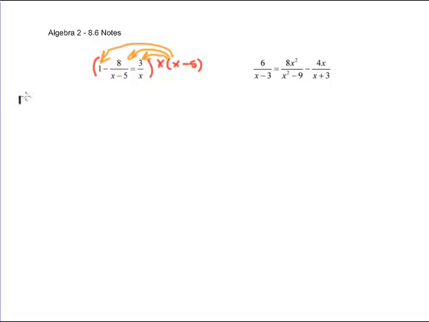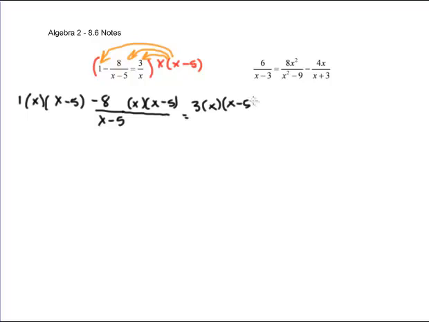But I'm going to have 1 times (x minus 5) minus 8 over (x minus 5) times (x minus 5) equals 3 times (x minus 5) over x. And so these can go away.